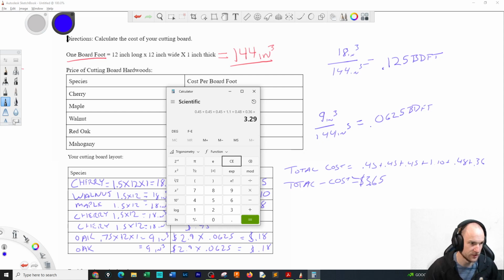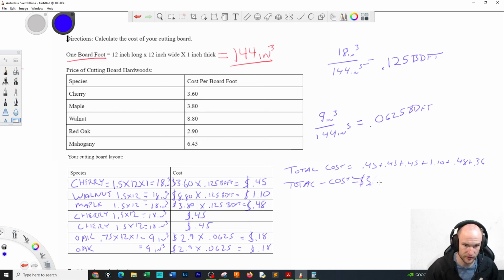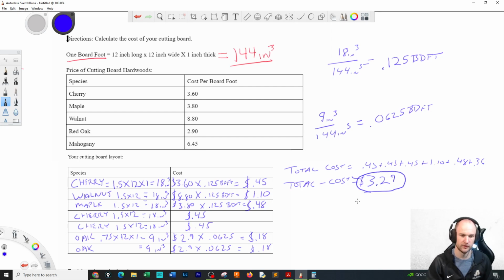So don't want to cheat you. Only $3.29. So we'll erase that. Get my pen back. And we have $3.29 as our figure. So that is the total cost of the cutting board if those are the strips you happen to make. So once you've got that all figured out, that's it for the sheet.